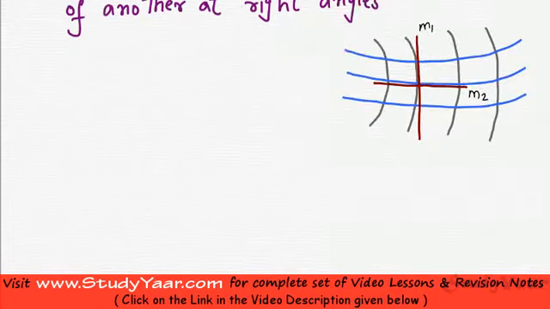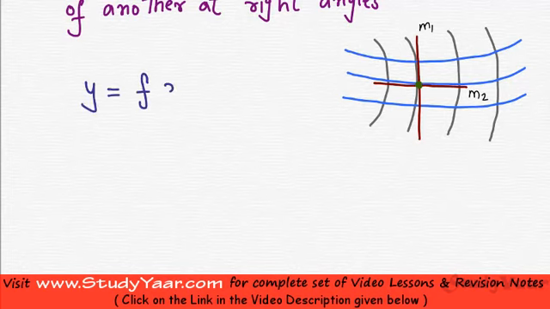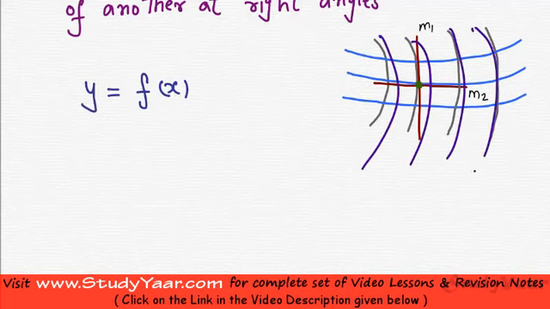Let us suppose two members are intersecting at this point, and I know the equation of this family of curves. Let us suppose the equation is y equals some function of x, f(x). This is the equation of this family of curves.